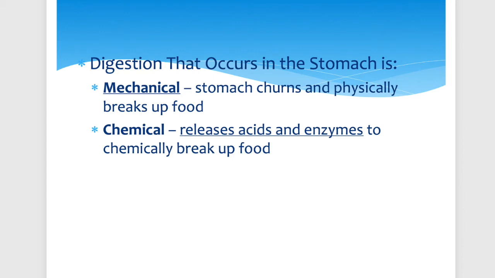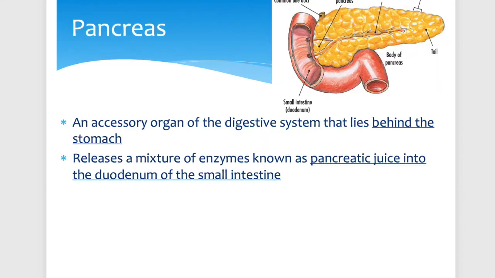Next, we're going to take a look at a few more accessory organs. So we have the pancreas. It's located right behind the stomach. So if we were looking, we wouldn't really see too much of this because the stomach would be right here covering that up. The pancreas does have a couple of functions, I should say. It will produce some hormones that we need, but we won't talk about those now.